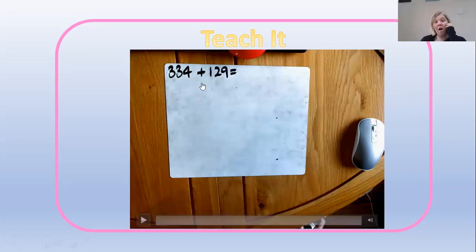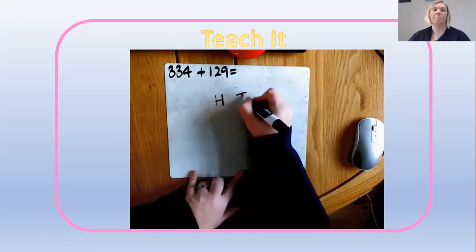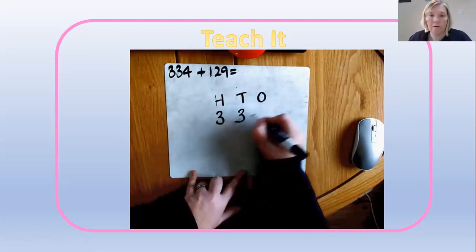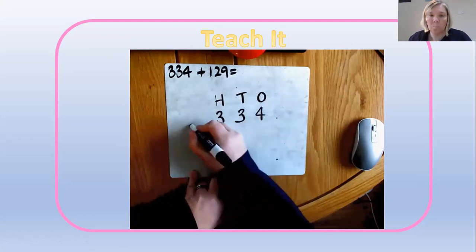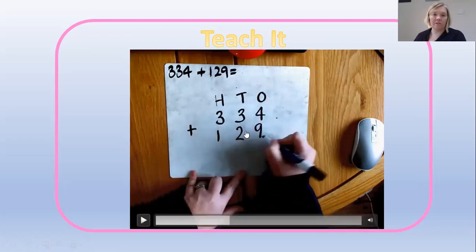Now remember, I have written it out like this, but when we are doing the formal written method, we are going to write it as I'm writing it on the whiteboard. So I use my hundreds, my tens, and my ones. I write out my 2 numbers and I make sure I've got the addition sign here.